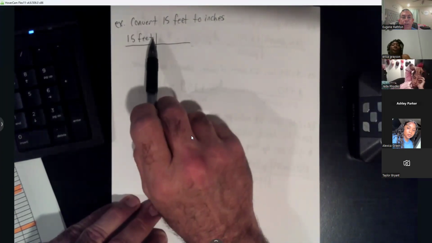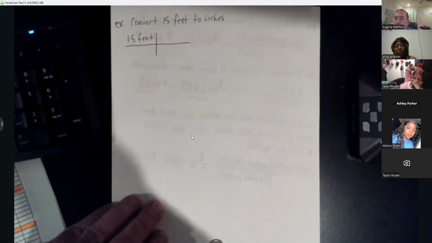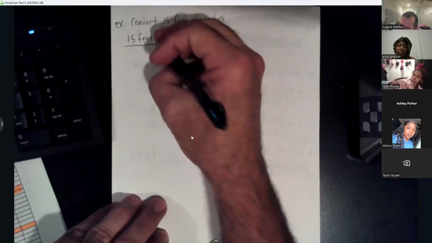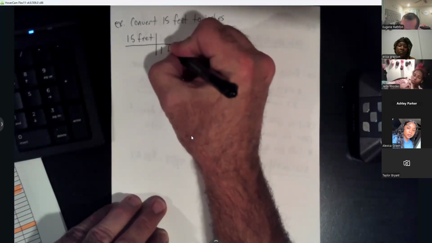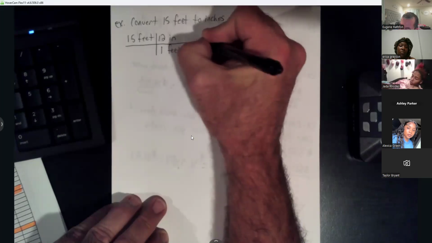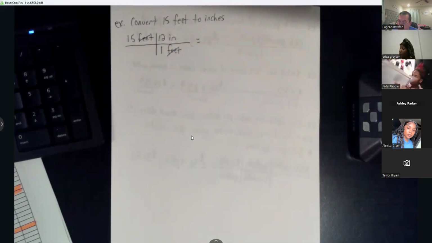Now we got a conversion that'll go straight from feet to inches. So how many inches did we say was in a foot? 12. All right, so for every 1 foot, that was 12 inches. Good job. So see, my feet will now cancel. I'm going to be left in inches like we needed.